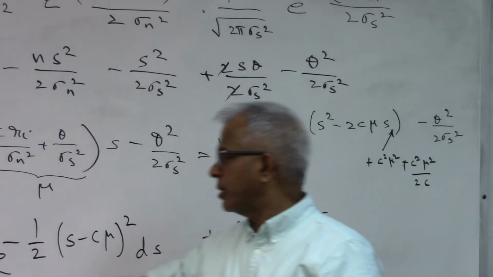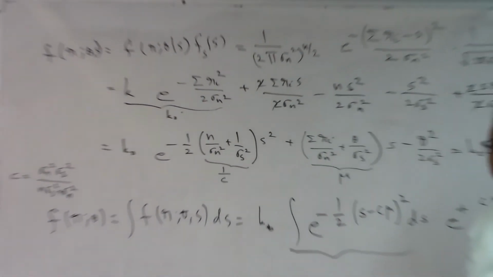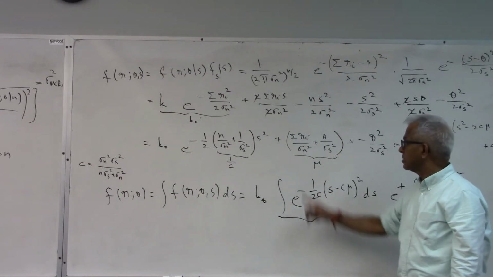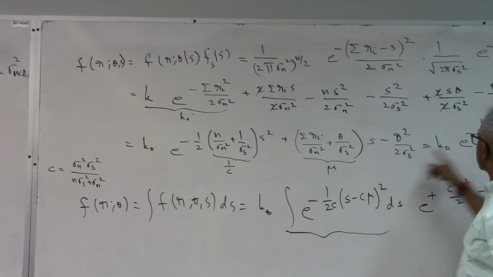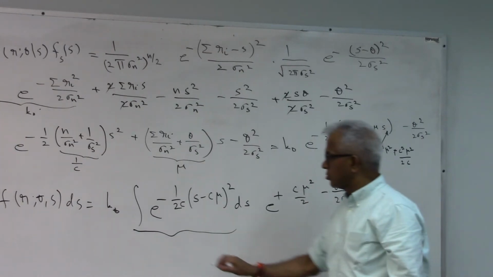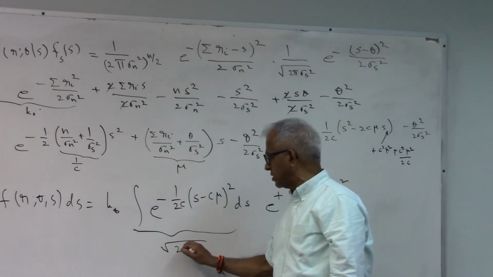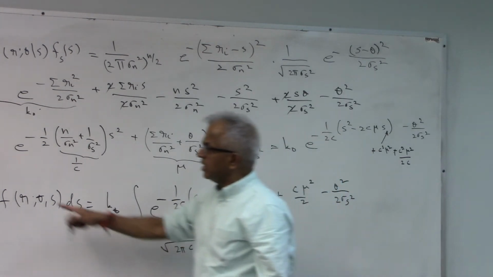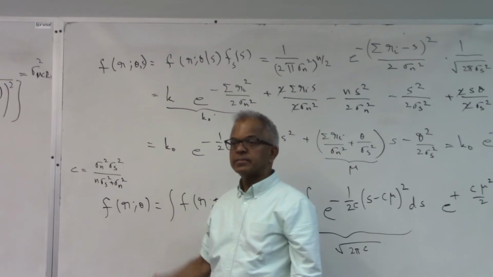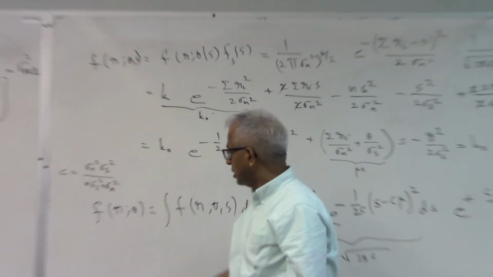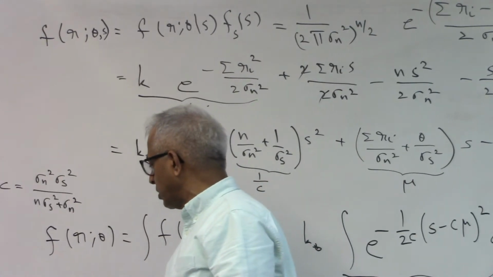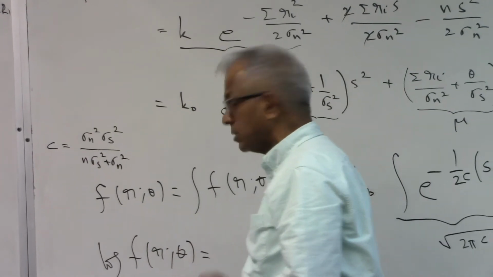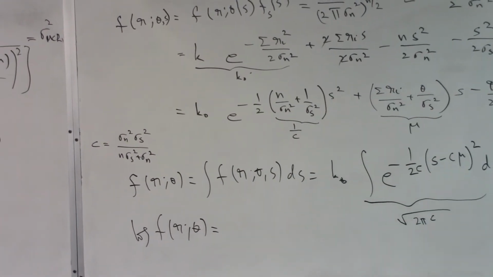What is the integral of this? Divided by 2c, right? Is that what you see? Yeah, there is 2c. So this is square root of 2 pi c, right? But c doesn't have theta. Now the final thing I'm going to do is take the logarithm of f of r comma theta to find the Cramer-Rao bound, right?